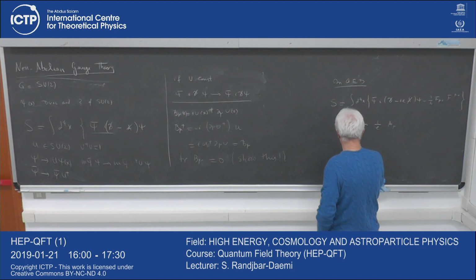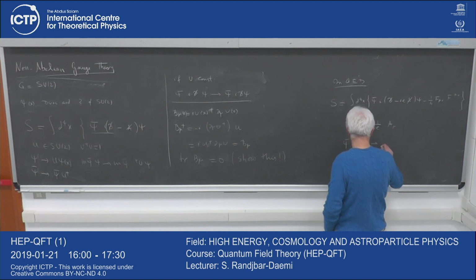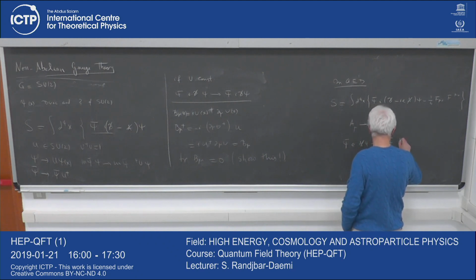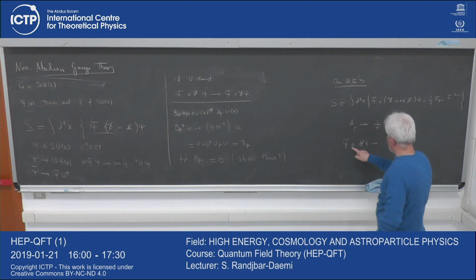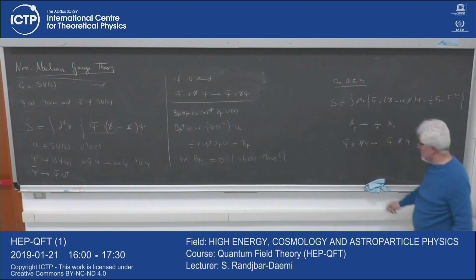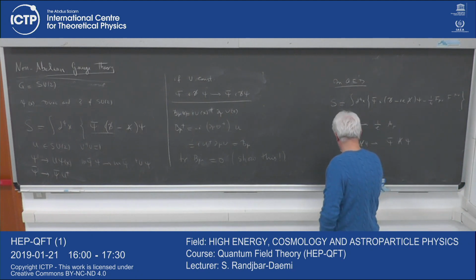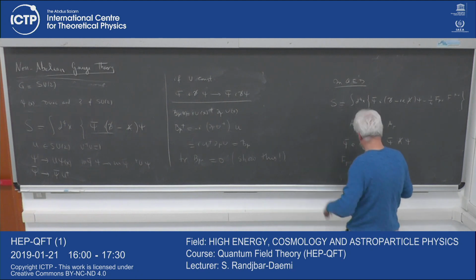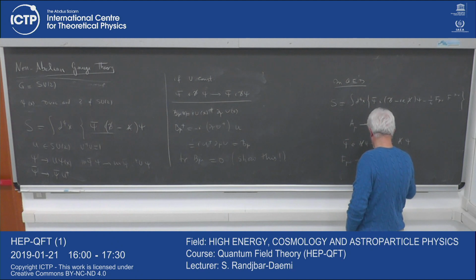Then psi bar E A slash psi will go to psi bar A slash psi. There's an E there and then 1 over E, so the E's will cancel out. F mu nu has 1 A in it.